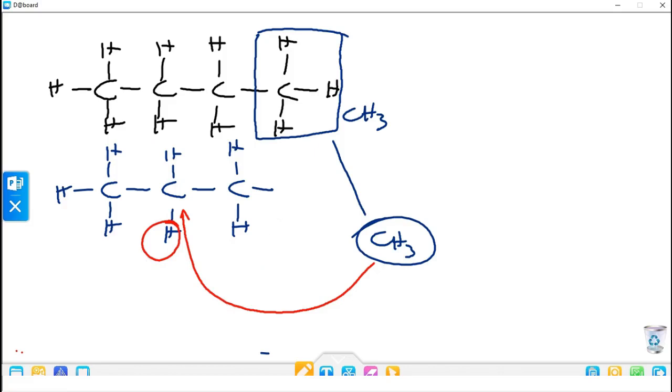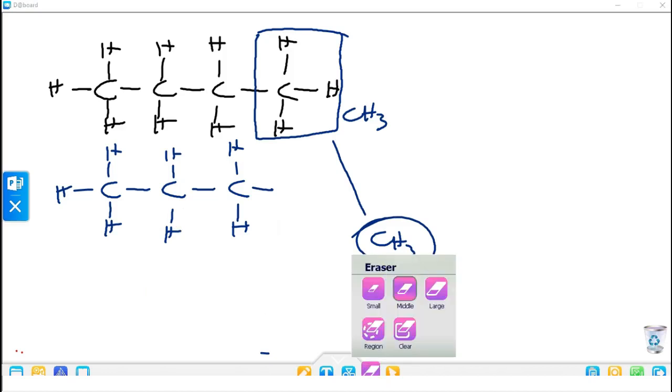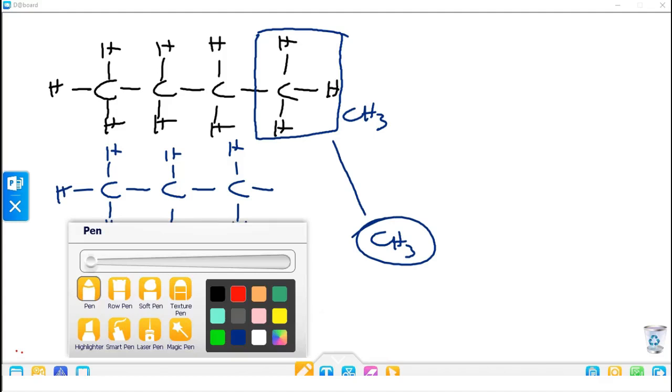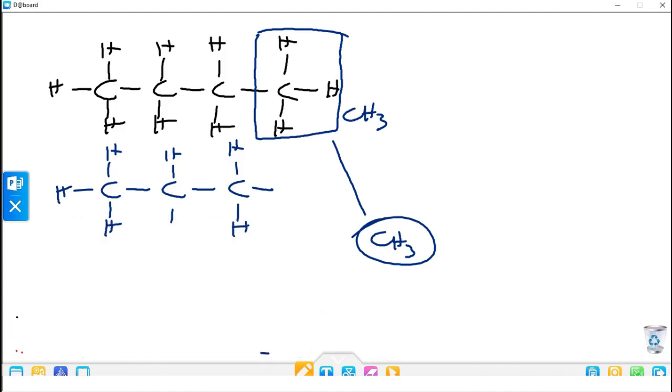So to switch the positions, we are cleaning off the hydrogen and automatically our CH3 comes on board, here.